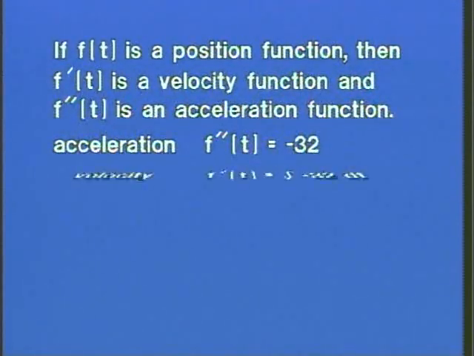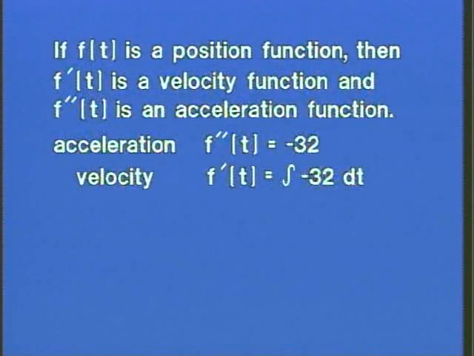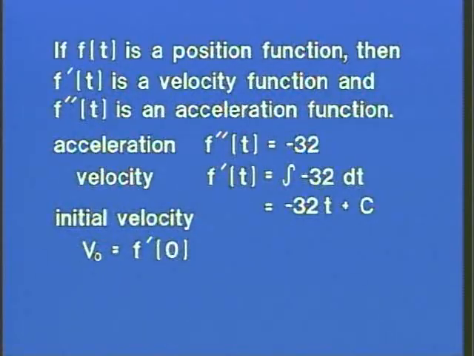Now, the velocity is going to be f prime of t, and that's the integral of the acceleration function. So it's the integral of negative 32 dt. And integrating, we find this to be negative 32t plus c. Now, we need to find a value of c if we can, and part of the problem gives us a hint. The initial velocity is given to us as v0.